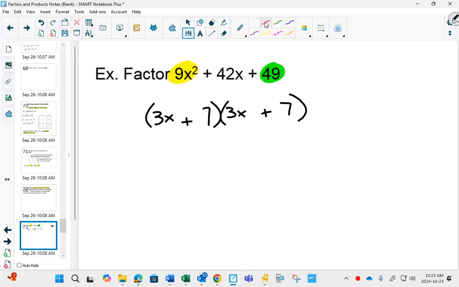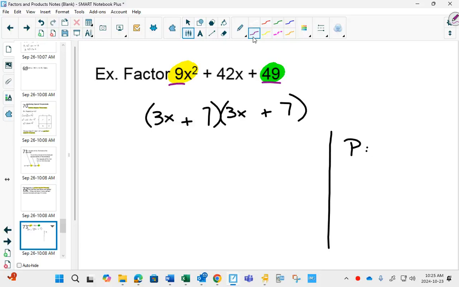And so it's a nice shortcut if it works. It's a great thing to try because if it works, you save yourself a lot of time. If it doesn't work, you would probably have to go to your product and sum of your grouping method. So if I multiply 9 times 49, how good's your mental math?